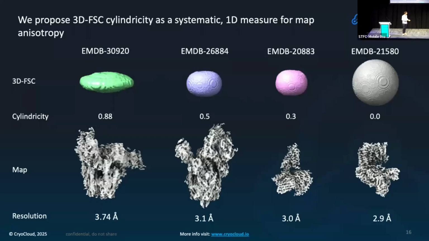It's already a bit better, but I hope you can appreciate that the two examples here on the very right show much more details. You see beautiful side chains. And what's also interesting, if you look at the resolution distribution from 2.9 to 3.1 angstrom, it's very close by, but I hope you agree that the difference in map quality is vastly different. And now we have a new metric with the 3D FSC cylindricity for quality assurance and estimation of the map. And that really correlates nicely also with the observed quality of the map.